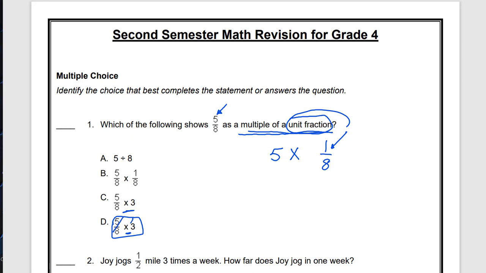Change it. So erase this and write it 5 times 1/8. And this is the correct choice. Okay, my heroes, any problems? Okay, let's move to the next question.